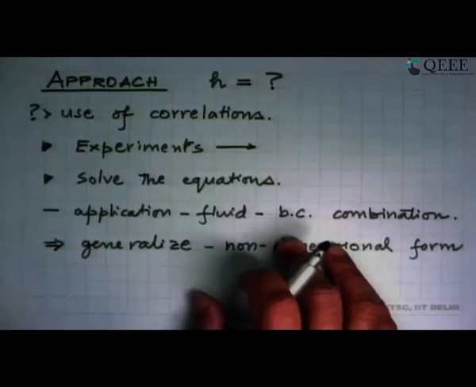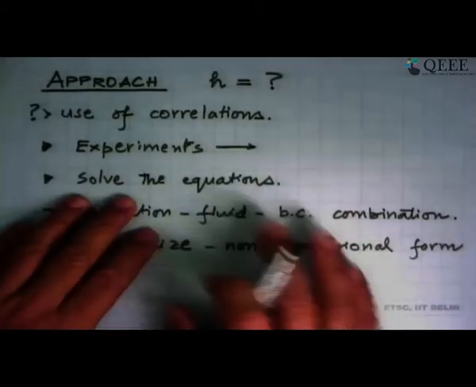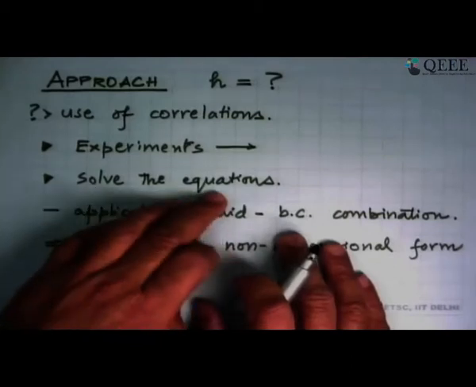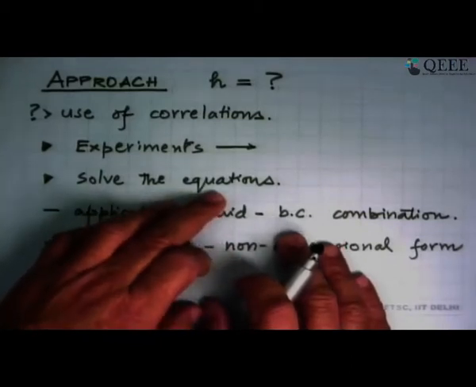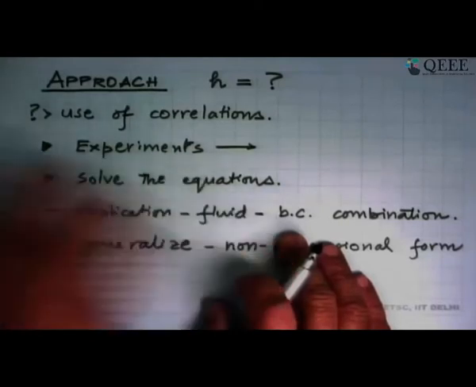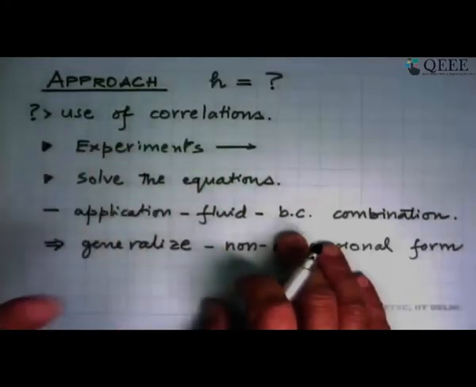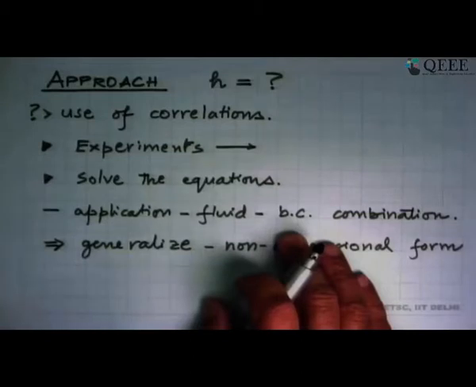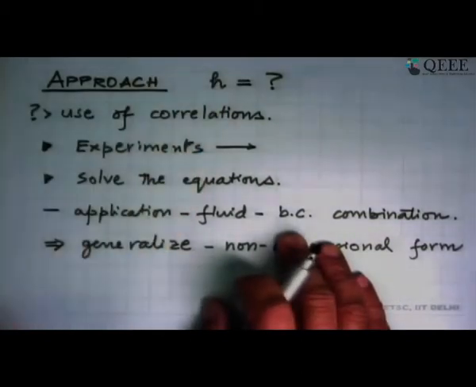For very simple geometries, it has been done, but largely now this approach is no longer in use. But we do another thing, which is now the state of the art in heat transfer, which is we take these equations, discretize the domain and solve the equations for each point and get the answer at each point, and from there we get the value of H. That is the numerical approach.